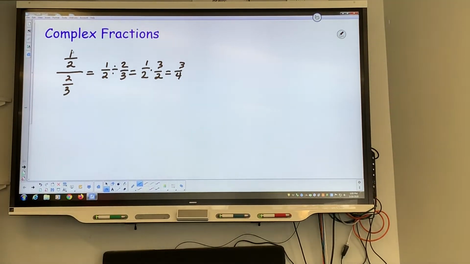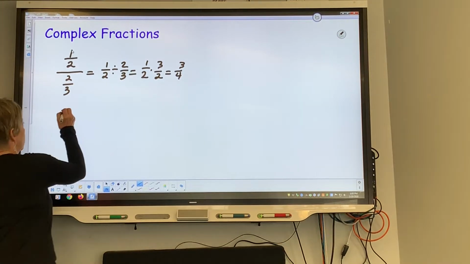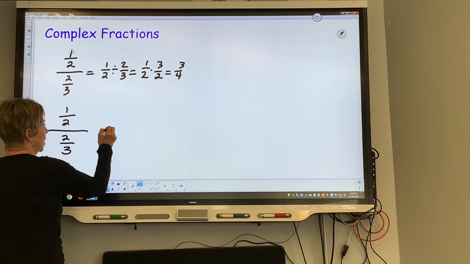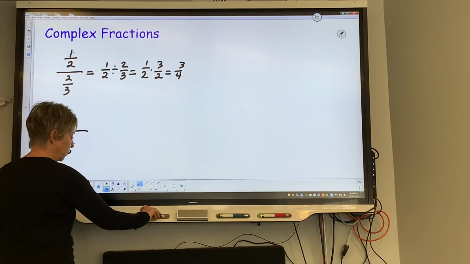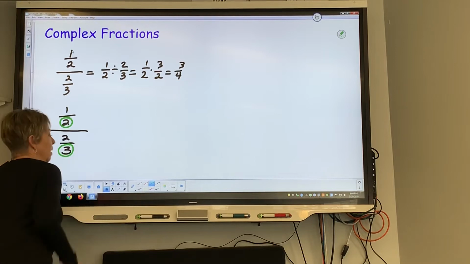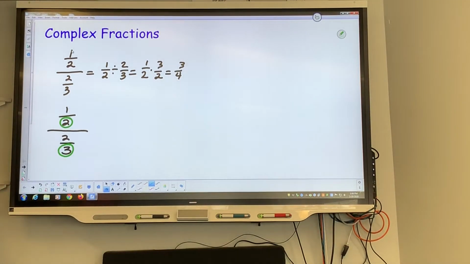Now that's not so difficult for one like that, but you're going to see that as these get more complex, you're not going to want to do it that way. So I'm going to show you a different way, and some of you already know this, to simplify this fraction. If I look at the denominators here, the least common denominator of the two fractions within the fraction is 6.